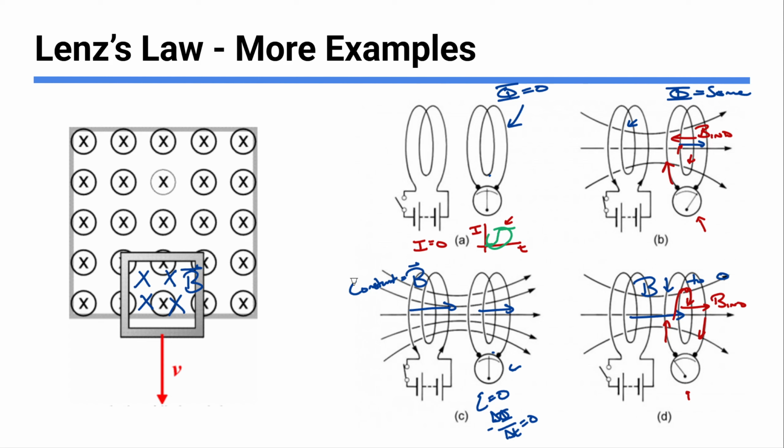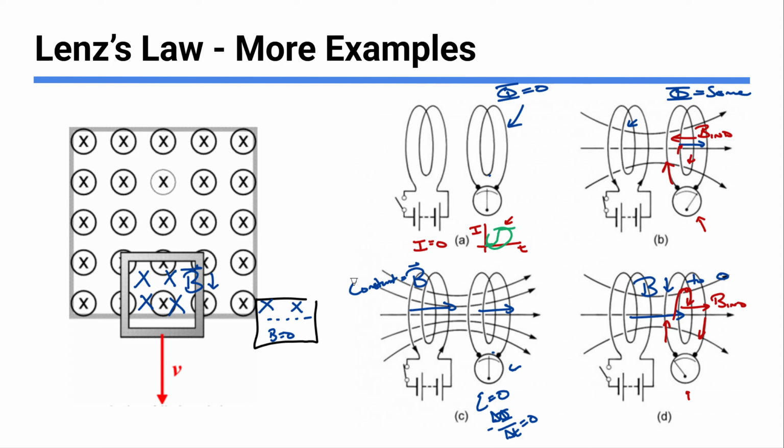What is happening to the size of that flux as the loop leaves the field? Well, I think it's going to be decreasing. As this loop moves out, it's eventually going to be at some point where it's got just a little bit of that magnetic field in it, and then most of it, there's no magnetic field. So the flux is decreasing.